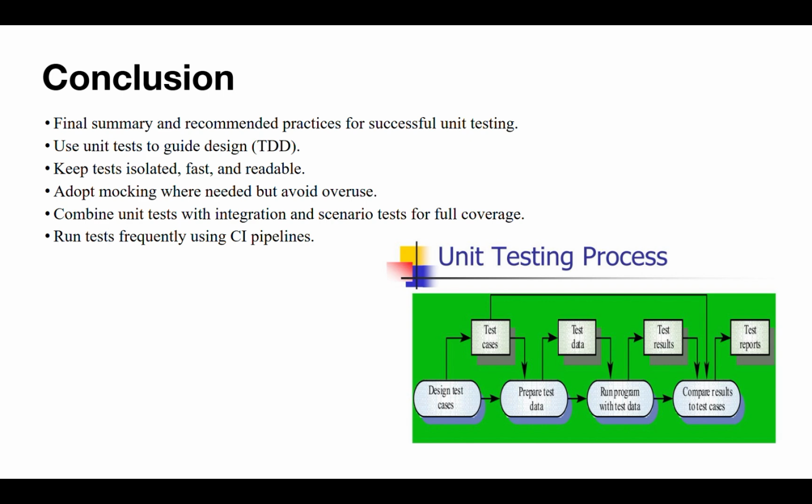So when you're doing your code, have a process plan. As you can see in this diagram here, you want to design test cases, then prepare the test data, test the test data, then run the program with the test data, compare results to the test cases, and then test the reports.